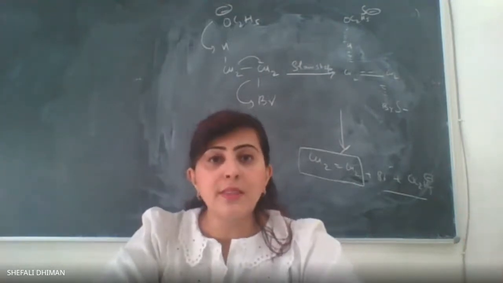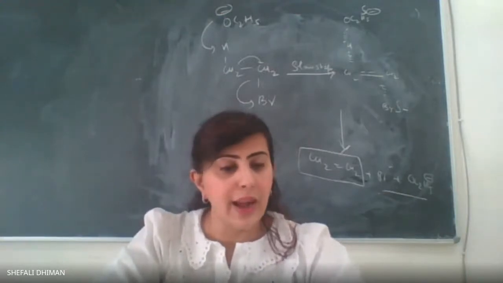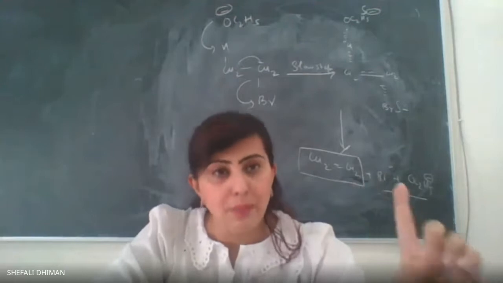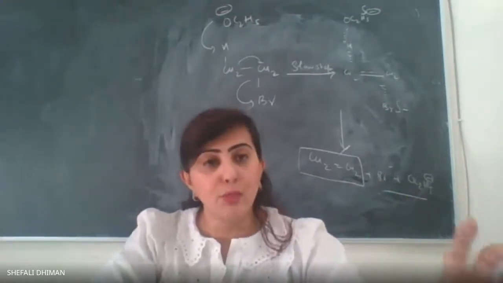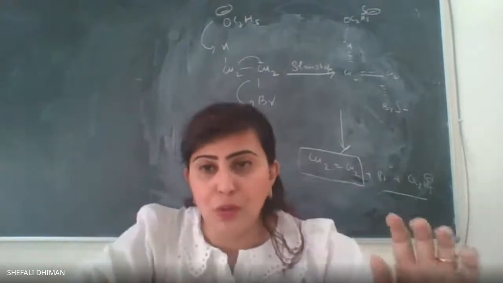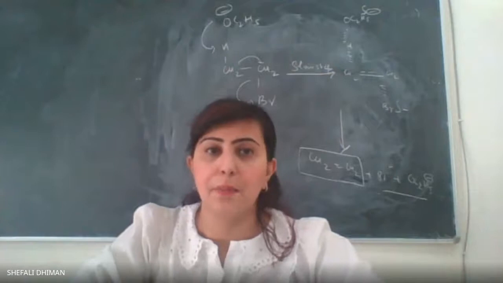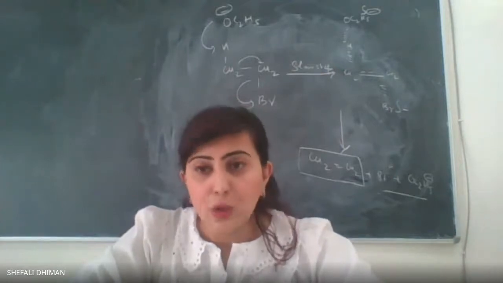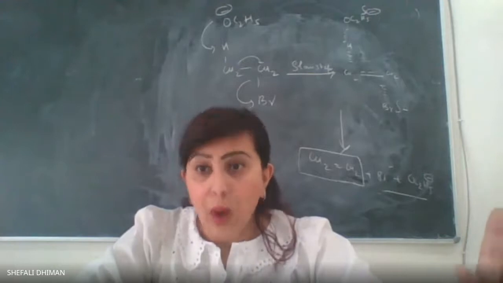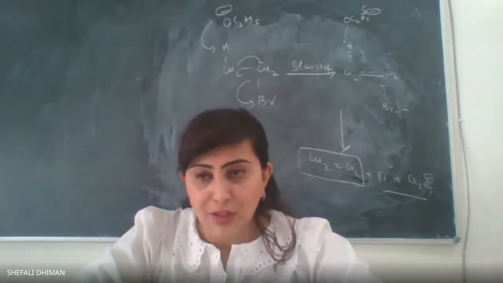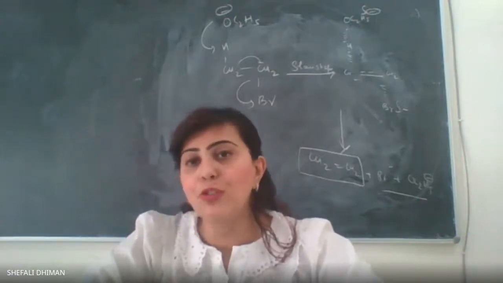The proton and the bromide are removed in the same step, which is called the rate determining step. I repeat, E2 elimination is a concerted one-step reaction where the proton and the bromide are removed in one step.